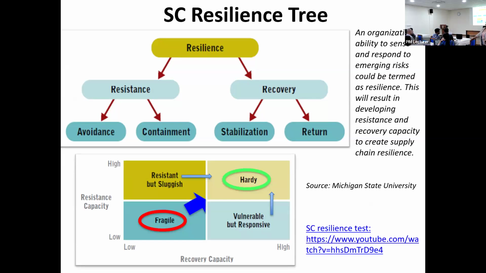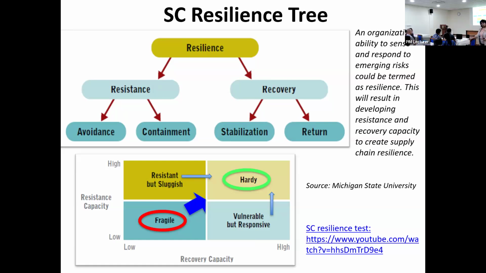So what is resilience? It is how you make your supply chain robust, right? It is an organization's ability to sense and respond to emerging risks, which could be termed as resilience. So you should be able to sense and respond quickly, and you must know the triggering mechanisms and situations, and you can respond quickly because you have a business continuity plan in place.